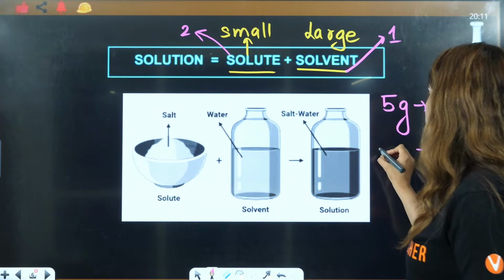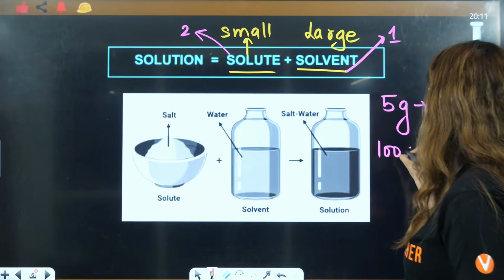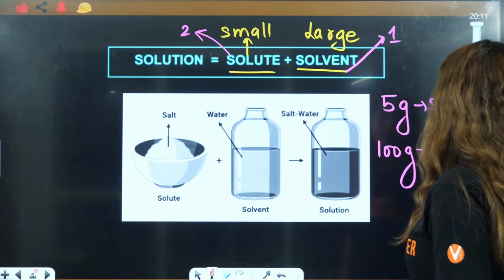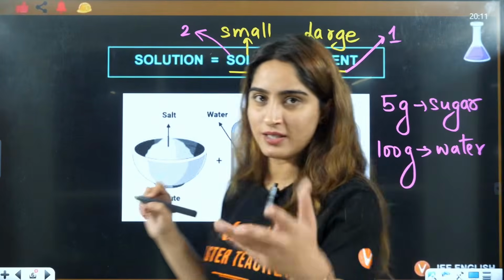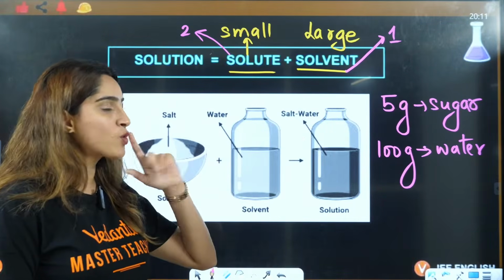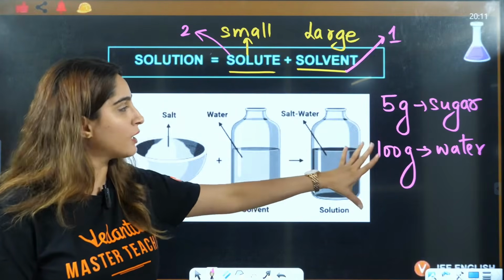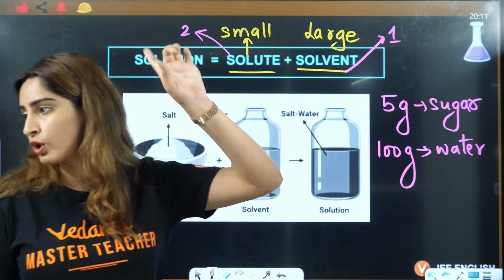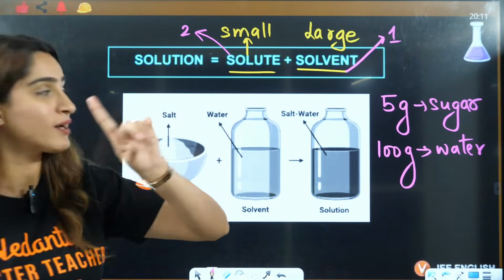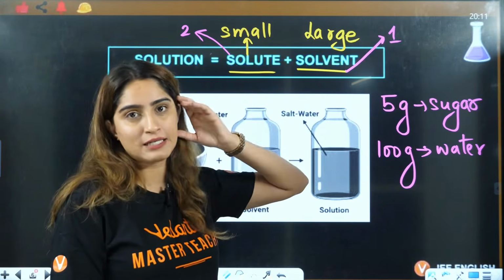Let's say you have 100 grams of water. I'm picking random digits here, right? Don't take it literally, ma'am, how 100 gram in 5 gram. Just think about what is solvent and what is solute. Just tell me what is solute, what is solvent, right?